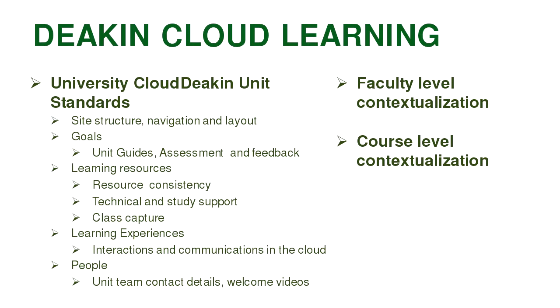We do focus on learning resources, having consistency, logical structure, the type of technical and study support information that's there. We also have another category on learning experiences in terms of how we interact and communicate with students. And obviously about the people, about the contact details of the unit teaching team, and looking at ways that we can engage our students in the cloud as well, using welcome videos.